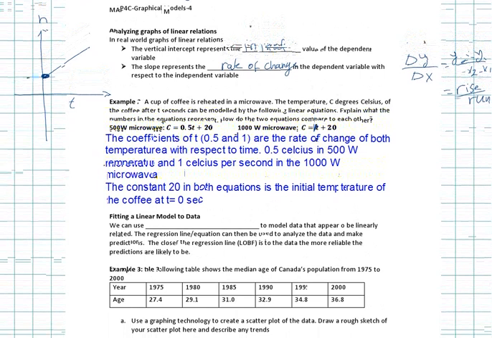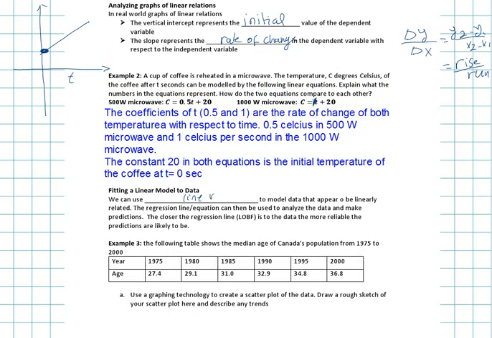So we can use what we call linear regression. Regression means it's like the line of best fit, to model data that appear to be linearly related.